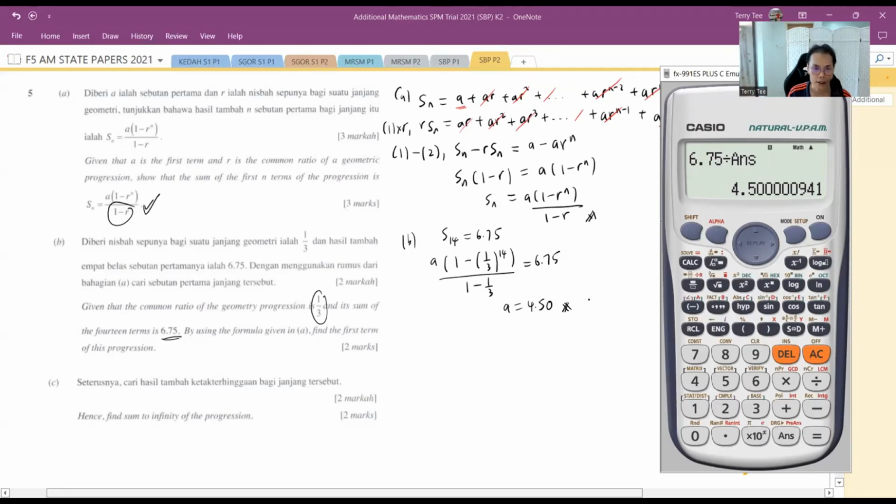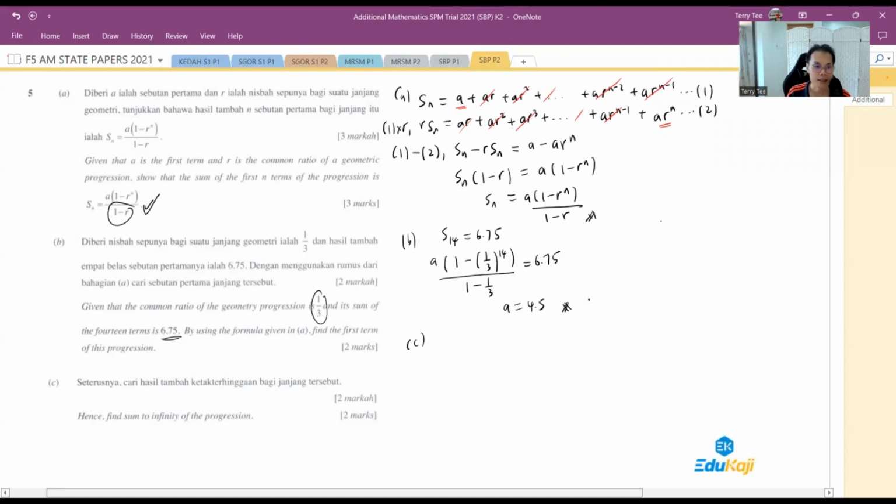Now, part C, hence find the sum to infinity. Okay, this question is a bit interesting because they give us S_14. When your n is large, your R power n approaches 0. So we know sum to infinity is given by A divided by 1 minus R. So my A is 4.5, my R is 1/3.